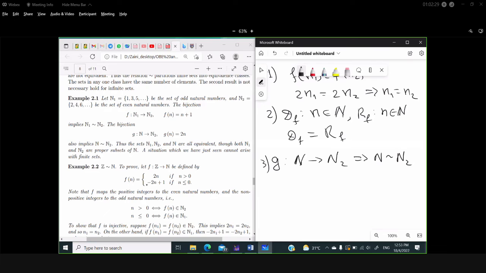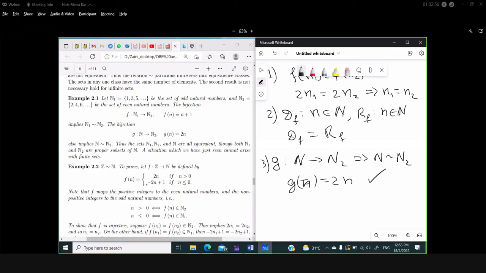We found the g function, g of n, which, as I have just shown, is a bijective function. If we are able to find a bijective function between two sets, then these sets are equivalent sets. In the real case they are not equal, but they are equivalent.